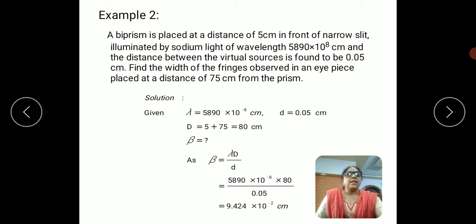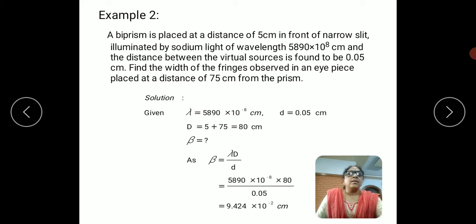So here, let us first write the given things. The wavelength lambda is equal to 5890 into 10 to the power minus 8 centimeter, and d is equal to 0.05 centimeter.